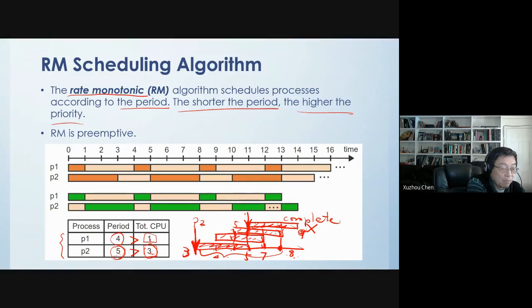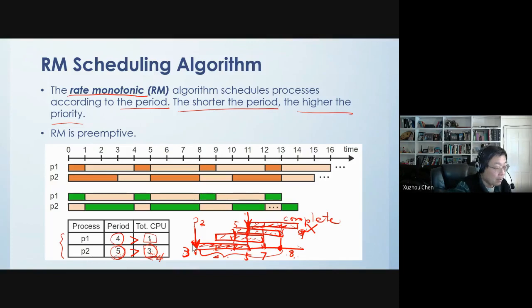But if the period is 5 and the total CPU time is 3, 3 is smaller than 5, but very close to 5. Even worse is if the period is 5 and the total CPU burst is 4. For this process, it does not give the scheduler much room because you have to schedule this process very quickly. Otherwise, the completion time will definitely pass the deadline.